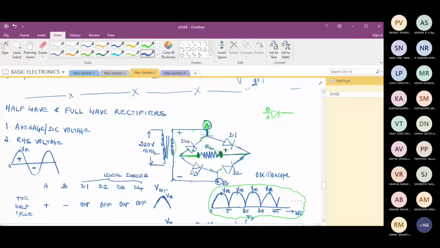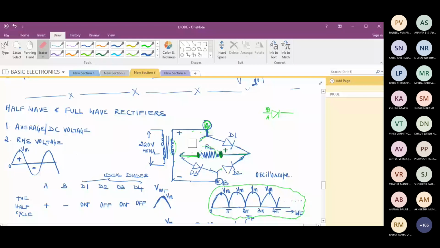Now, I am interested in the off diode, not the conducting diode. We are interested in a diode which is not going to conduct. That means I will take D4. You can take any of the diodes which is not going to conduct. You can take either D4 or D2 because D2 is also not going to conduct.